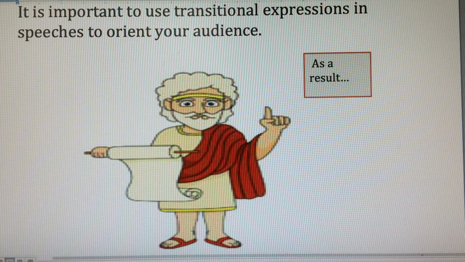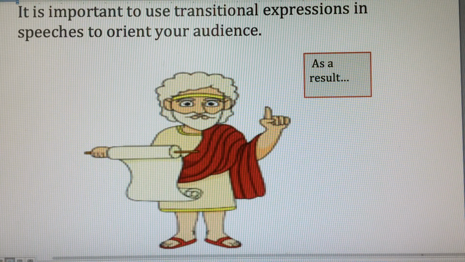And we use those transitional expressions in our speeches so that our audience is directed towards better understanding of what we're saying. So you're kind of using these expressions to guide your audience, or to make them more able to understand what you are saying. That's the first definition of orient.